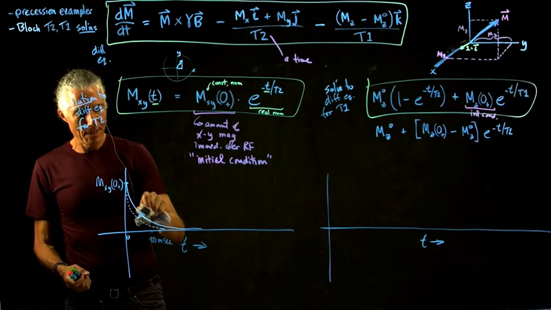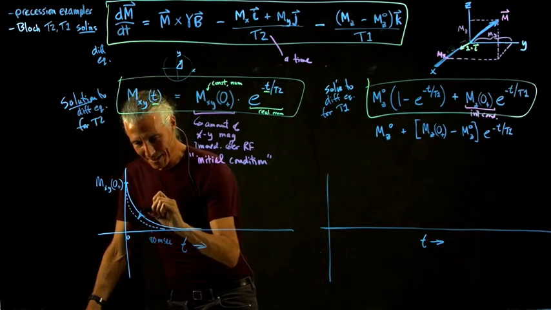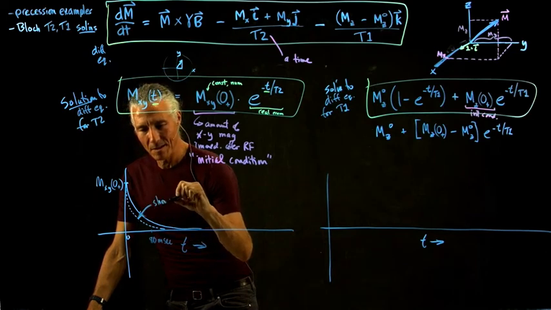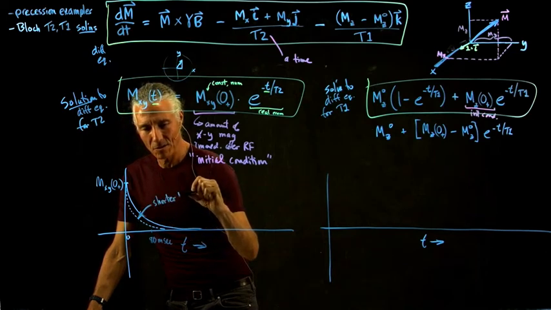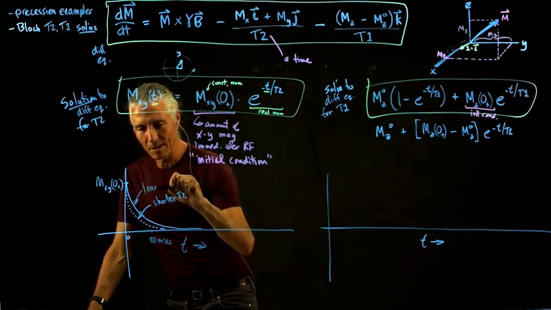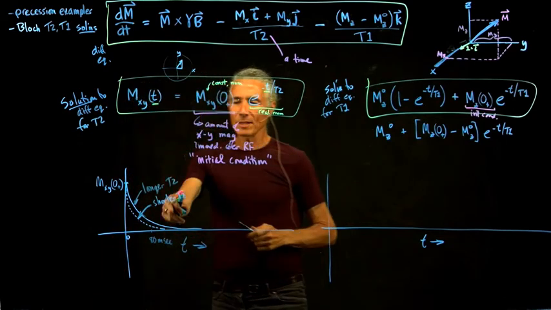If we make a shorter T2, so this is shorter T2, and this is longer T2.